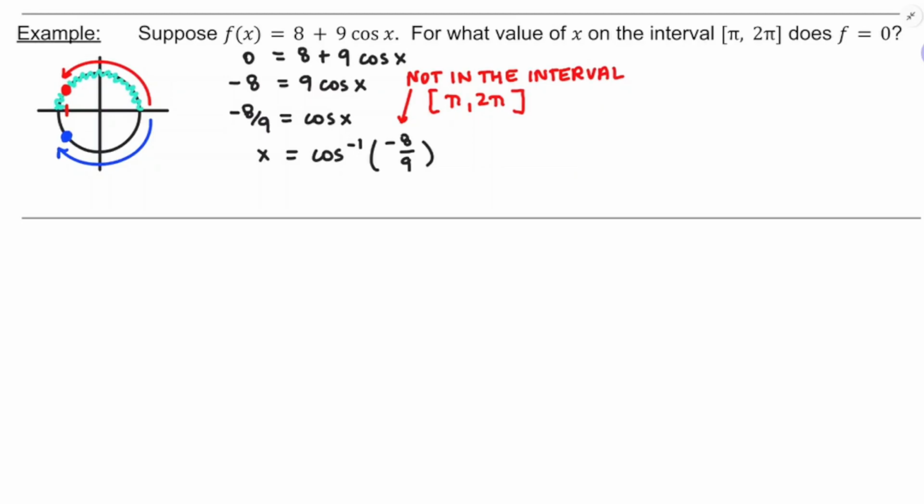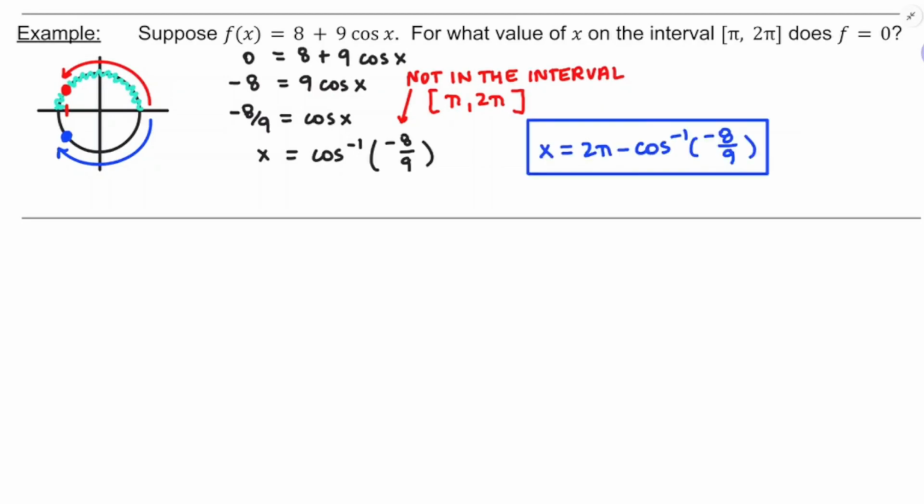But that would be, again, a negative number and not in the interval pi to 2 pi. So we're going to be able to get that by thinking of the far right edge as 2 pi and thinking I'm subtracting from 2 pi. 2 pi minus the inverse cosine of negative 8 over 9. And so that's going to be the solution that's on the interval pi to 2 pi. And I will admit that one is a little bit tricky, but I think if you do the practice problems on the homework, you'll get the picture.